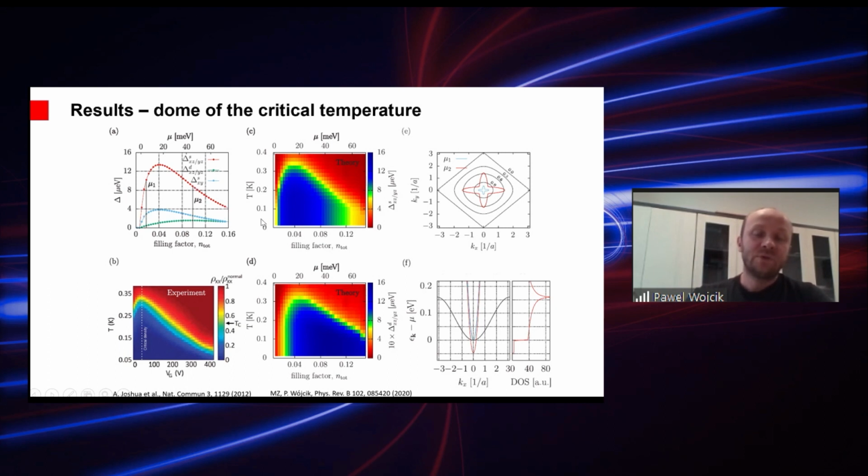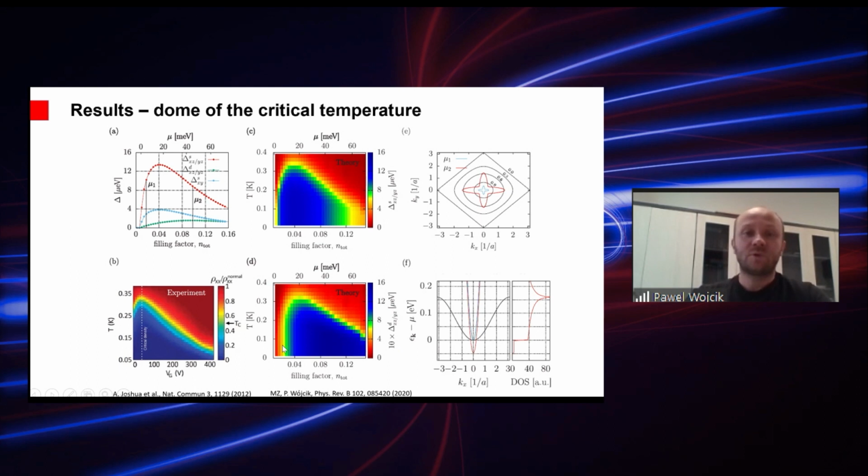And we also calculated this energy gap as a function of temperature. And you can see here for two different symmetries that the correspondence between the experiment here and the theory here is very, very good.